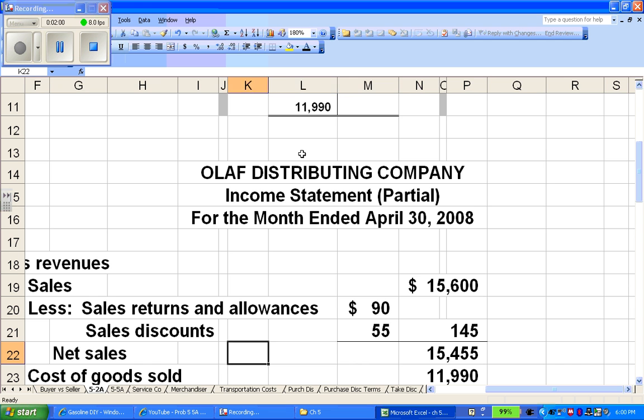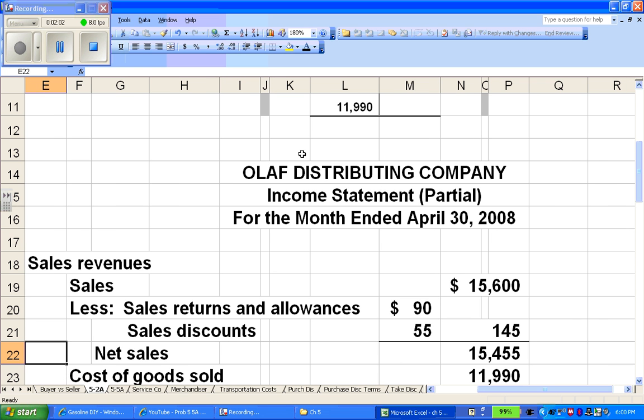It's a partial income statement. And I'm just taking the numbers right off of my T account. Here's my sales of 15,600. I'm going to net against that the sales returns and allowances of $90, the sales discounts of $55. Those two items, the 90 and the 55, give me a total of 145.